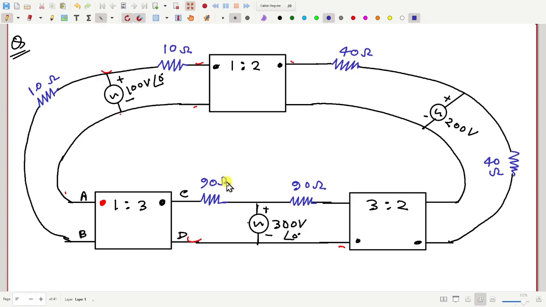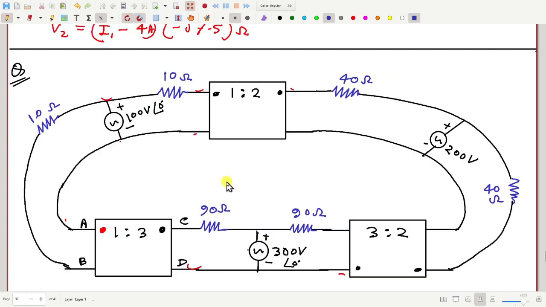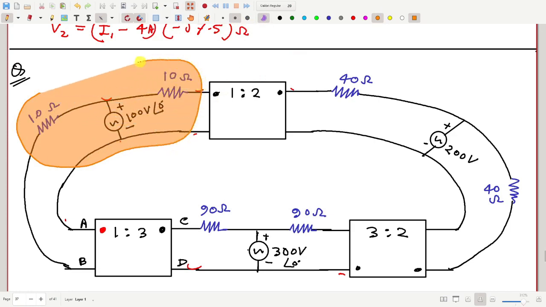The basic idea is that we have to transform these different parts. Suppose this is one part of the circuit. Keep it same, unchanged. Then consider another part of this circuit.